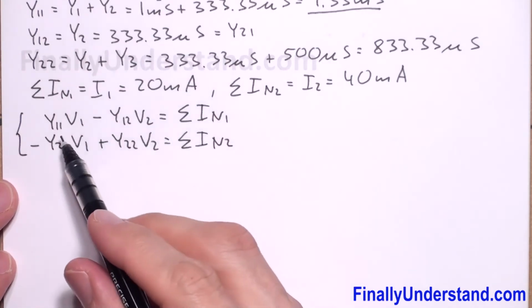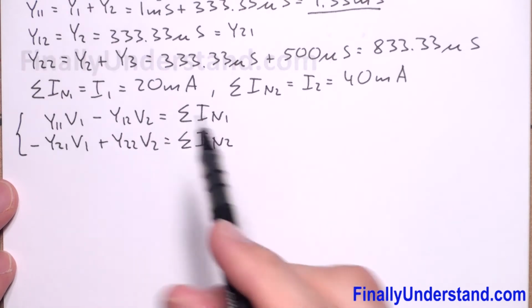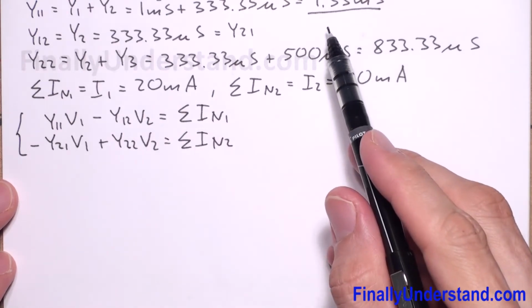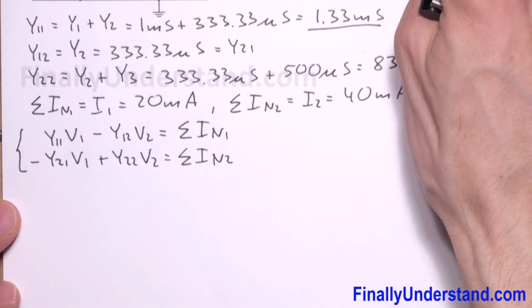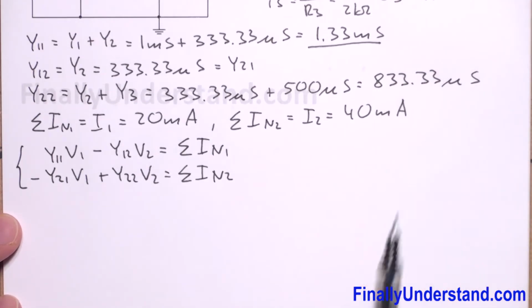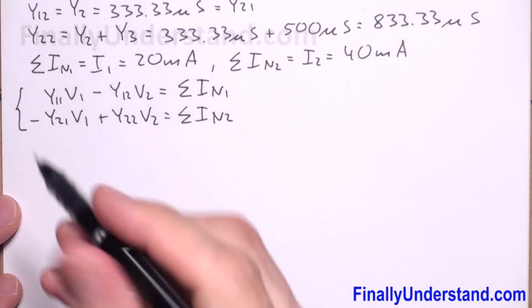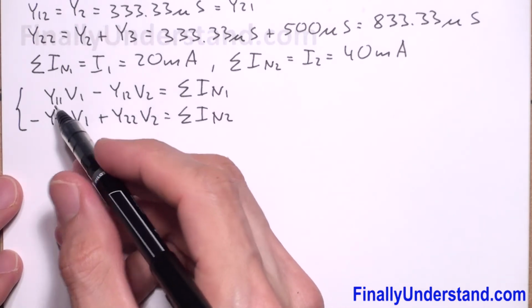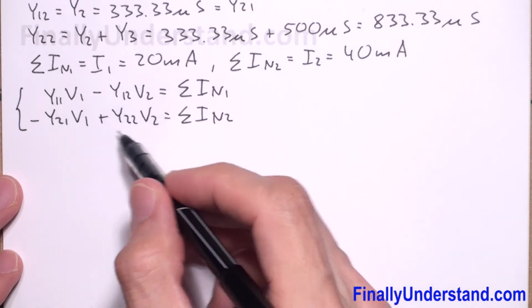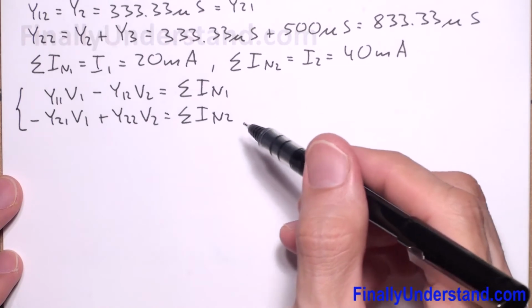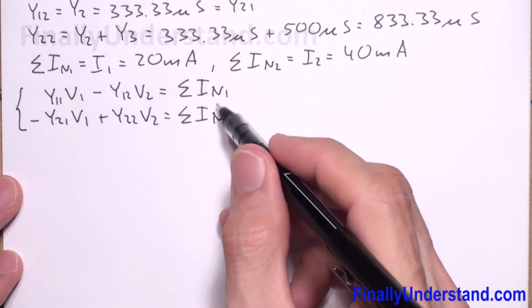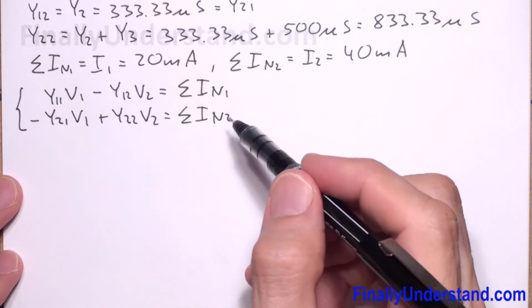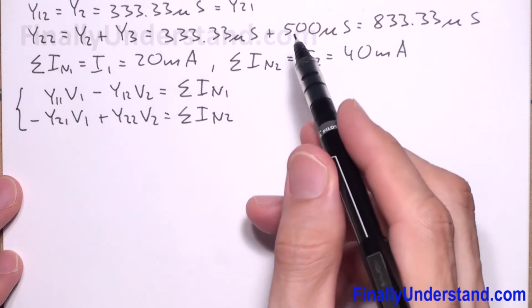So we have Y11 we found is equal to 1.33 millisiemens. Okay, so right now I have to substitute all those admittances by the values, by the numbers, and the sum of the currents also has to be simply replaced by the numbers.